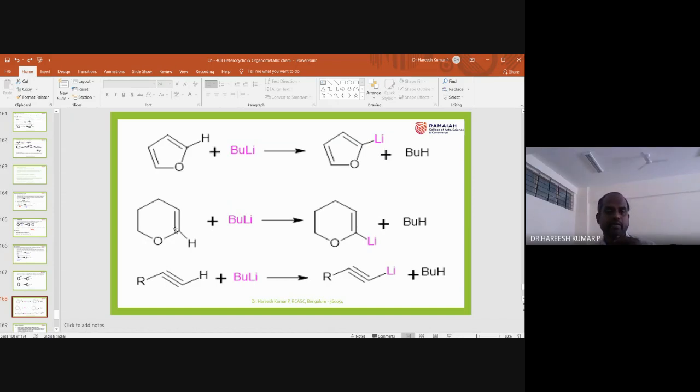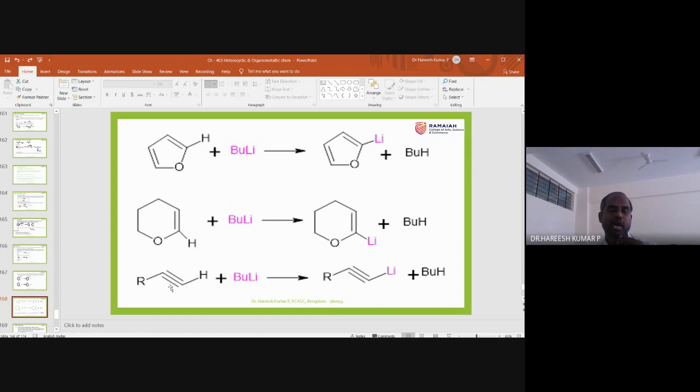Since there is a double bond, we say dehydro, removal of H2, dehydropyran. When this dehydropyran is treated with butyl lithium, Bu minus can abstract this proton and forms an anion. So this is lithiation of dehydropyran.